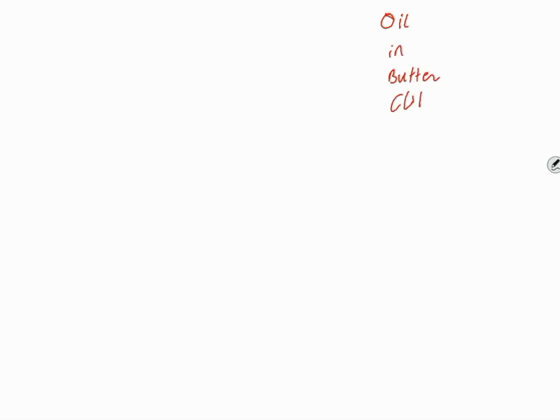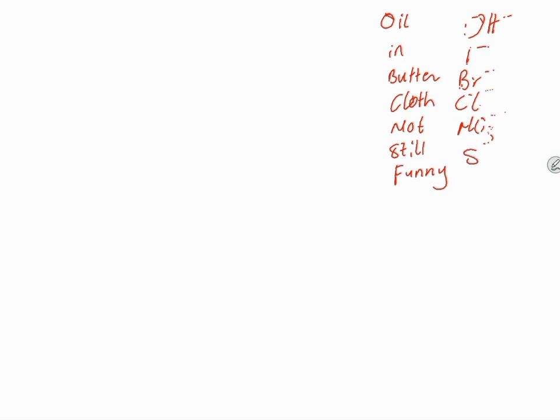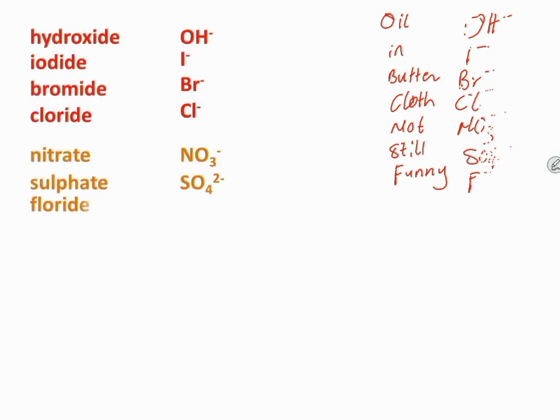Where the oil there represents OH, hydroxide ion, the in represents iodide, the B represents bromide, the Cl represents chloride, then the N represents NO3 nitrate, then sulfates, then the F represents fluoride. Okay, now that's what it means. So oil in butter clothes, not still funny.